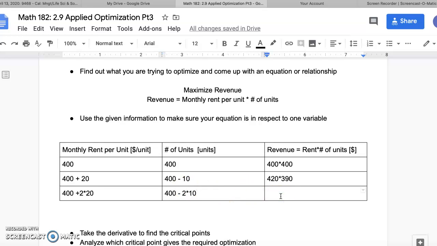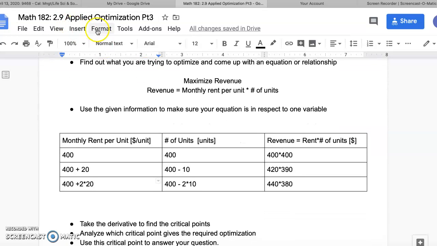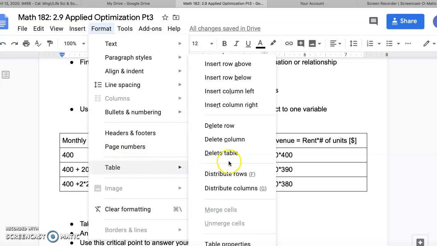So how does that play out with my revenue? Well, 400 plus 40 will be 440, and then 400 minus 20 would be 380. So you can see our prices getting higher and the number of units getting lower. Now let me go ahead and insert another row here.